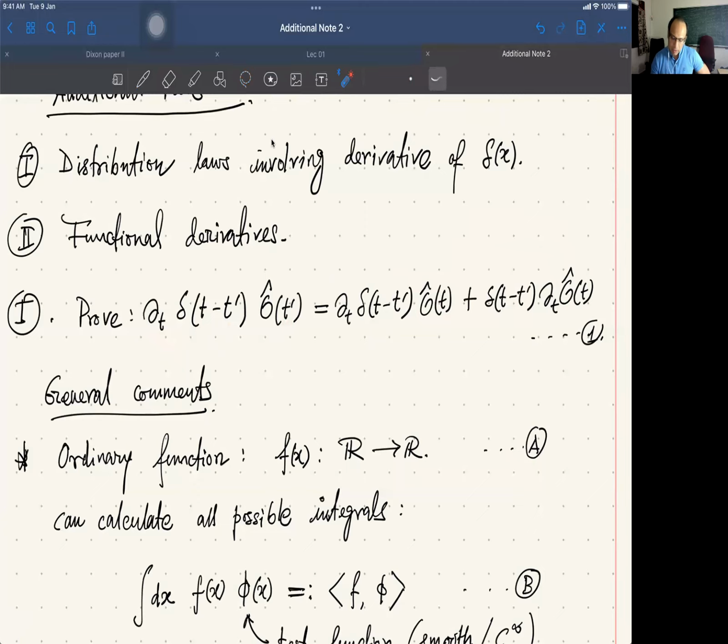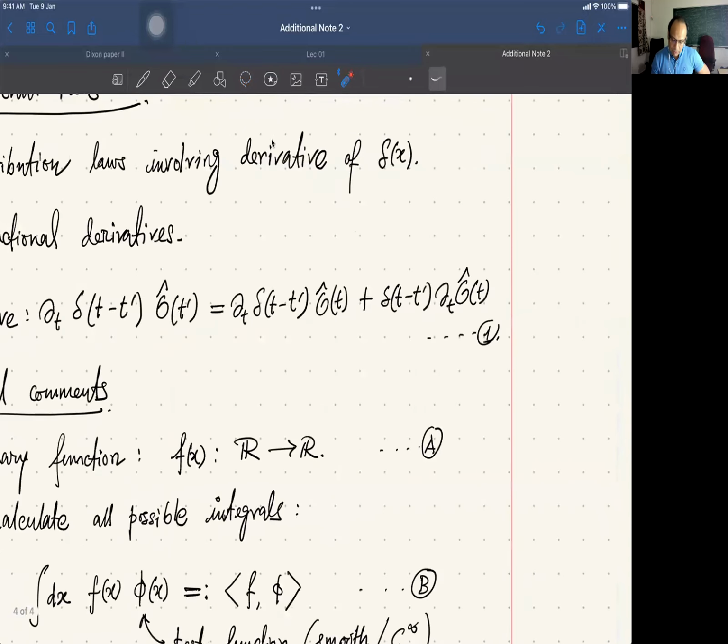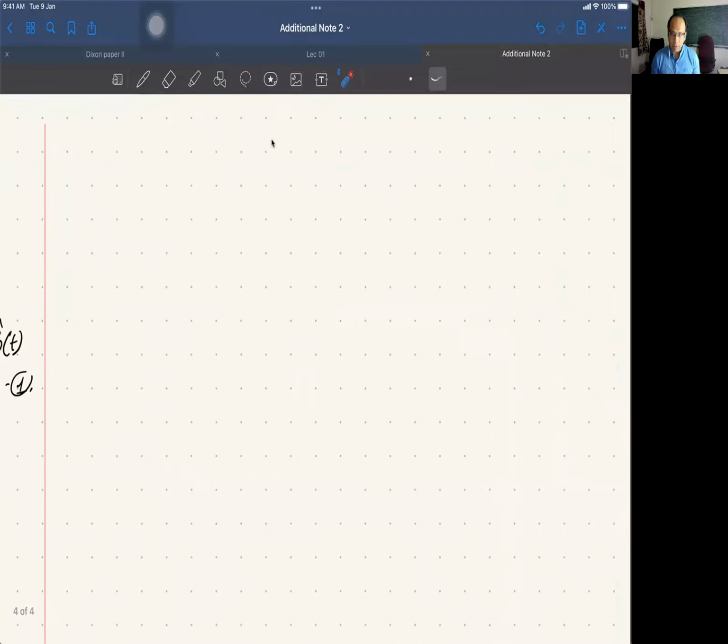That is the difference on the two sides. Therefore, since there are two points involved, one could multiply an arbitrary test function at two points, and also integrate over two t's, t and t prime, giving rise to a total of 4 conditions.